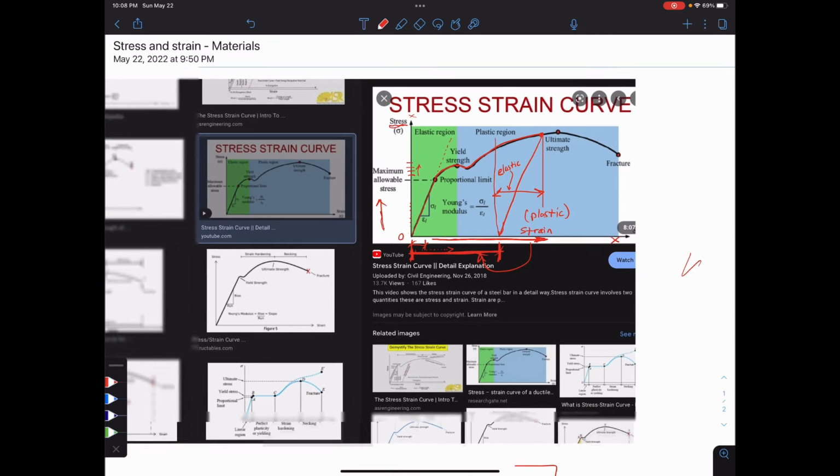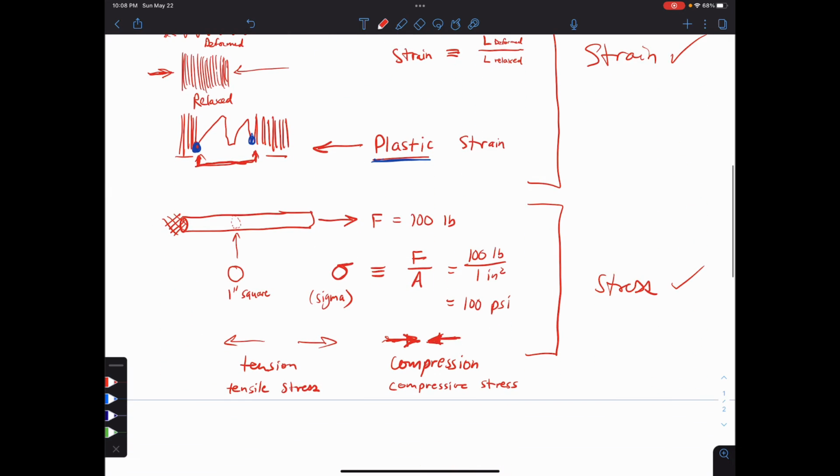Okay, let's look at another example. Let's take a paperclip. So the paperclip looks something like this.